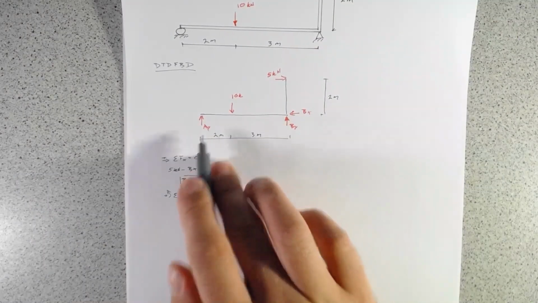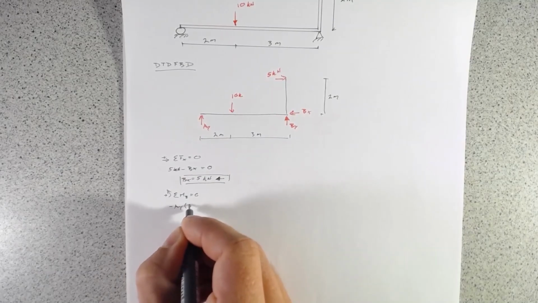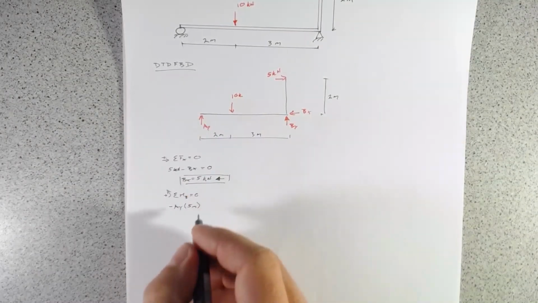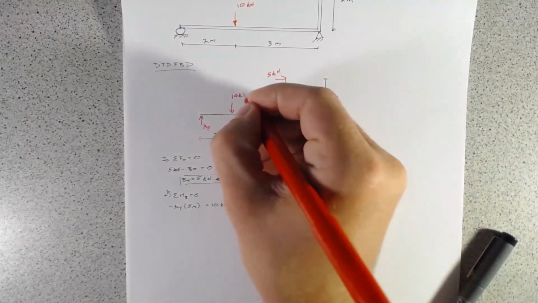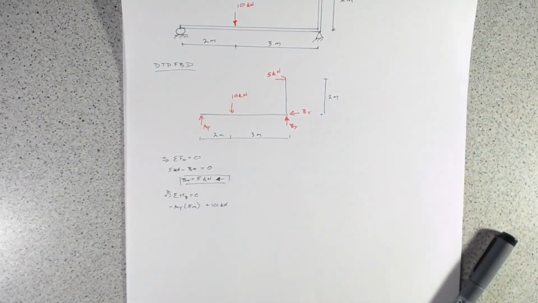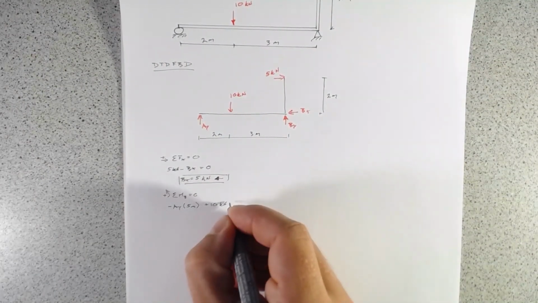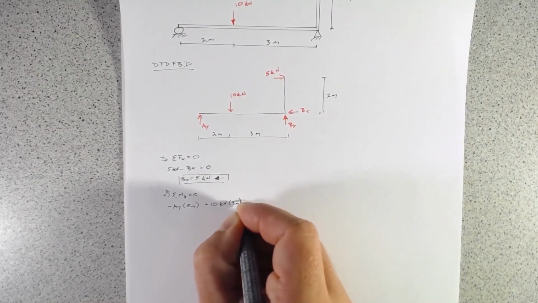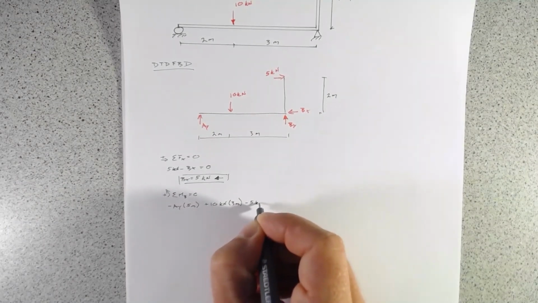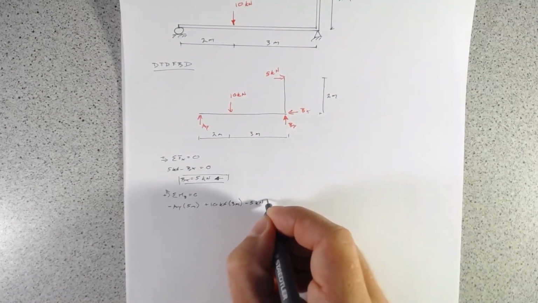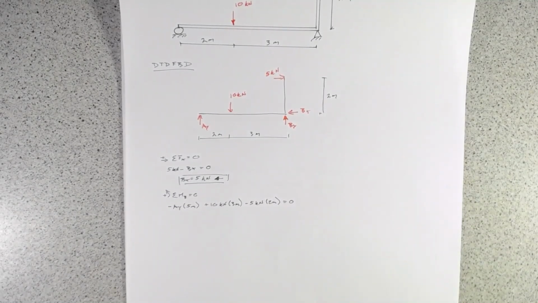So we have minus AY times 5 meters, plus 10 kilonewtons times 3 meters away, and then minus 5 kilonewtons times 2 meters, and that equals 0.